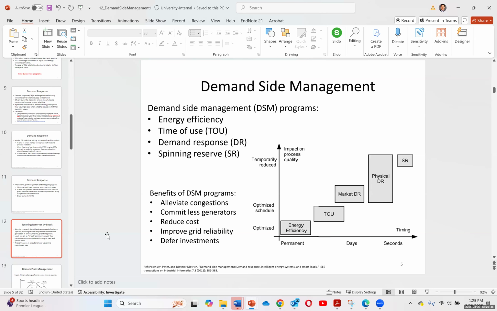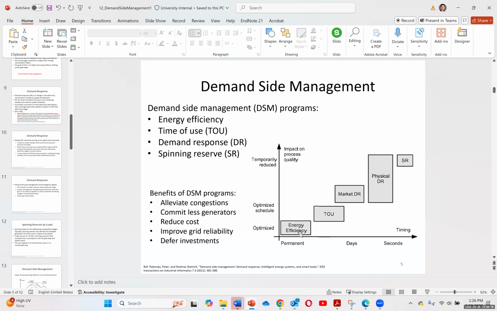And this is a graph that shows the impact of DSM. As you can see, the demand side management programs include energy efficiency, time of use, demand response, and spinning reserve, and I will explain each part.